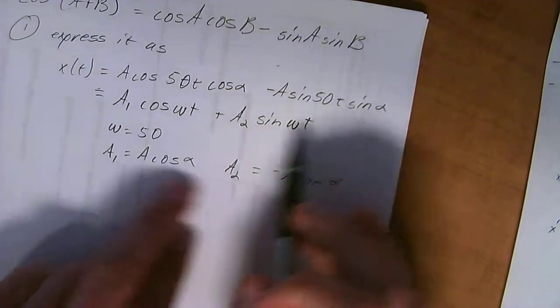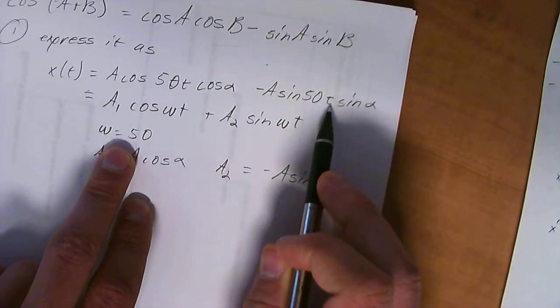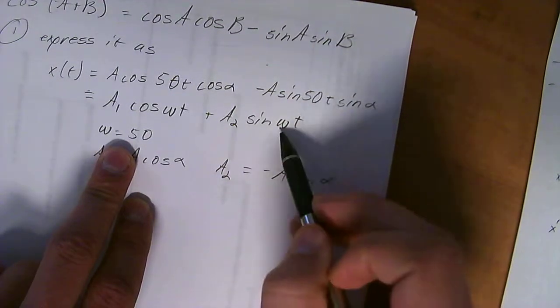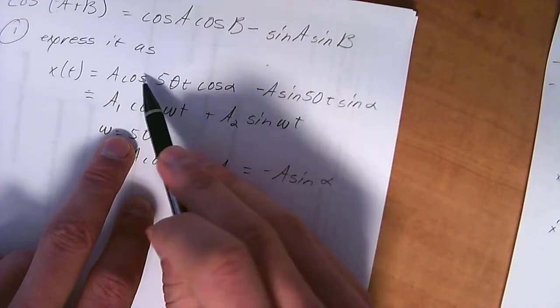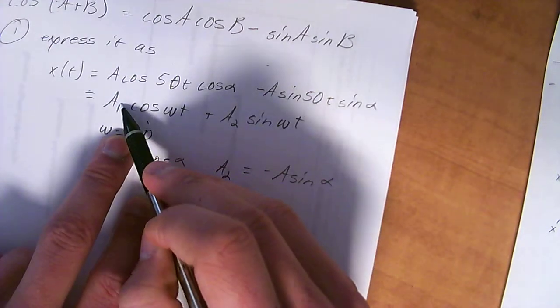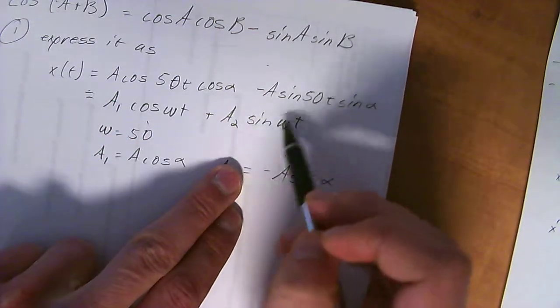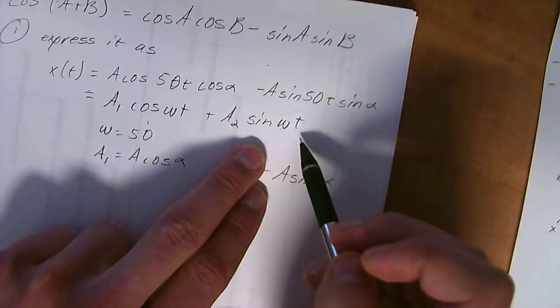Omega is equal to 50 because we spread it out through the entire deal there. Looking at this, we're just relating these two equations. We know that this equation is the same as this. This is all cosine. You can basically factor out this cosine, then you have a1, factor out the sine, you get a2. You see that 50 and alpha are the omega and the alpha.